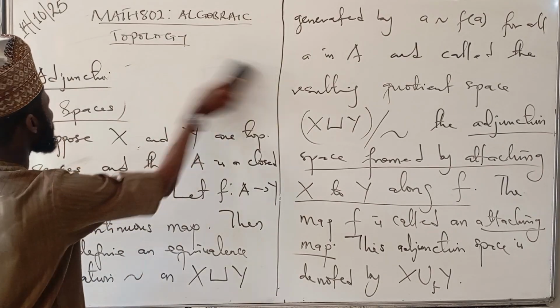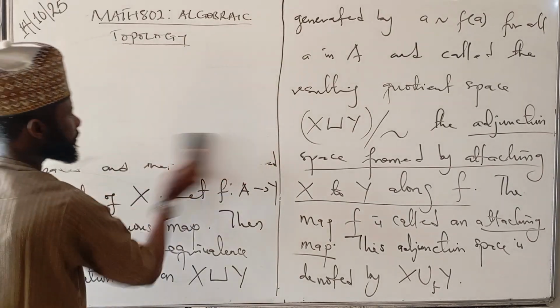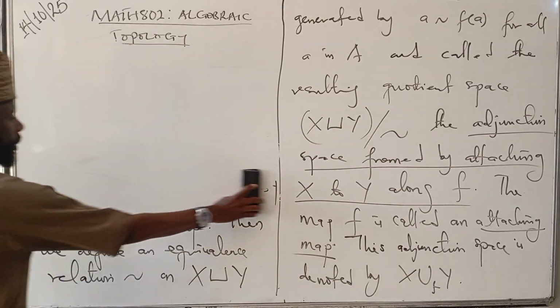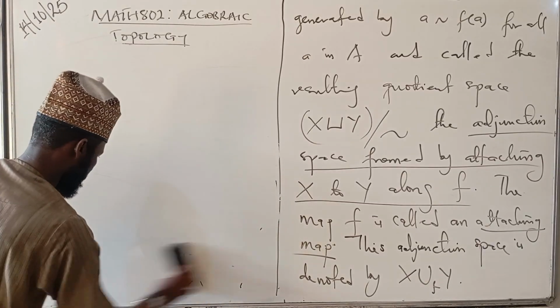So you can imagine this adjunction space as follows.